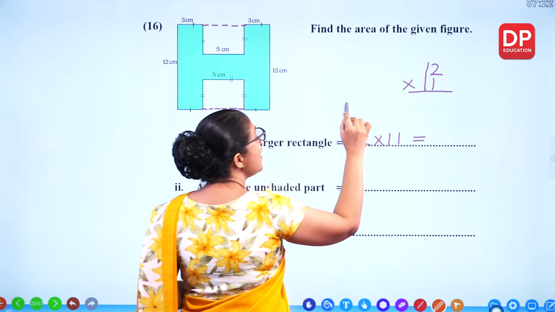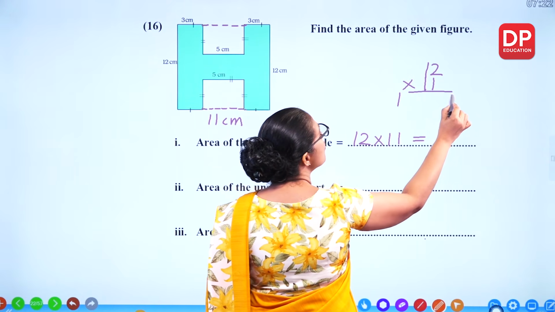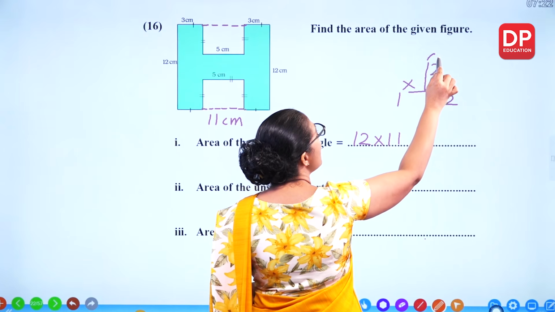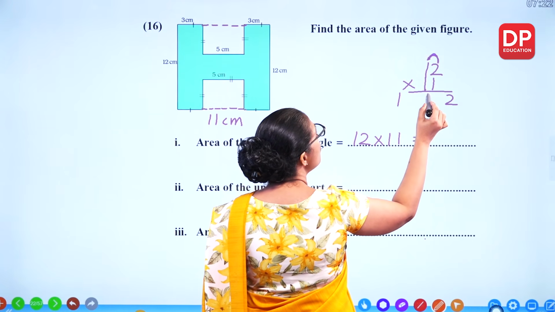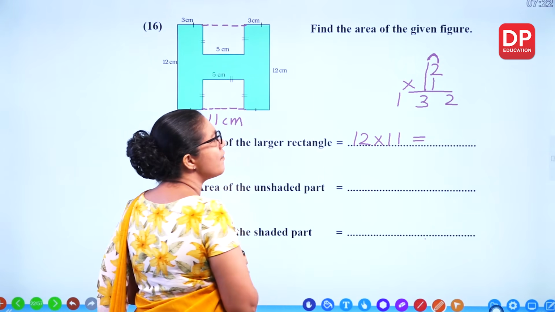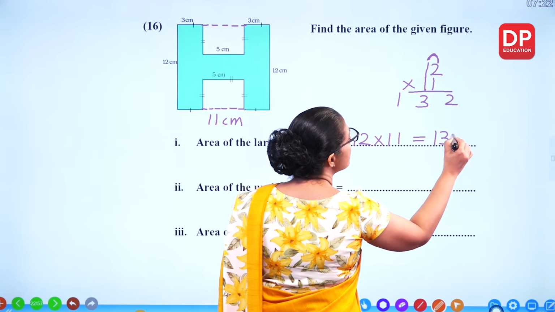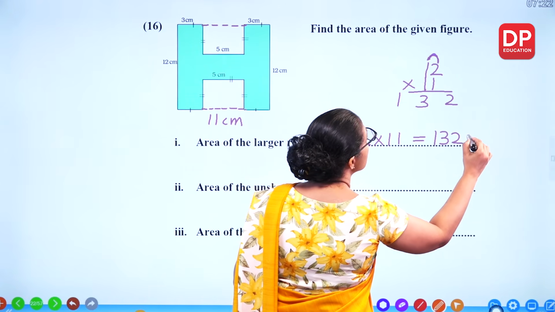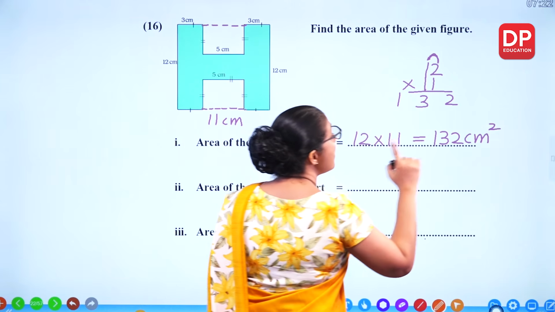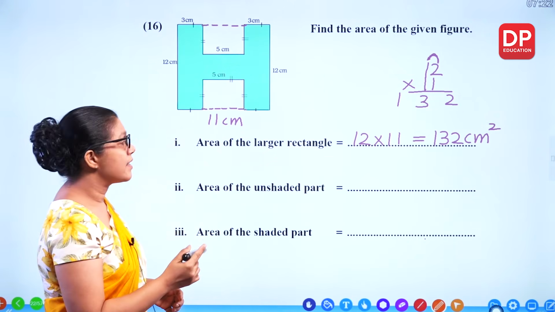That's an easy way. So you take 1 and 2 separately and we add these two. 1 plus 2, you get 3. So 132. You can check that. 132 square centimeters is the area of the bigger rectangle.